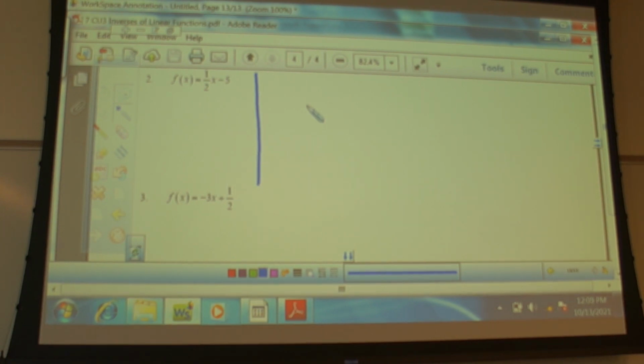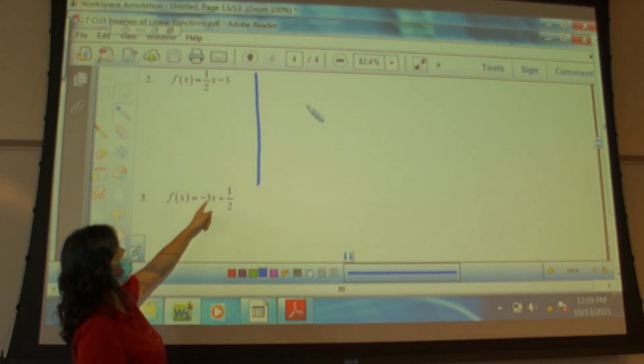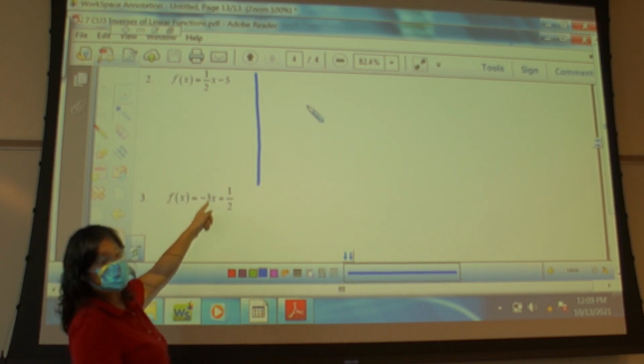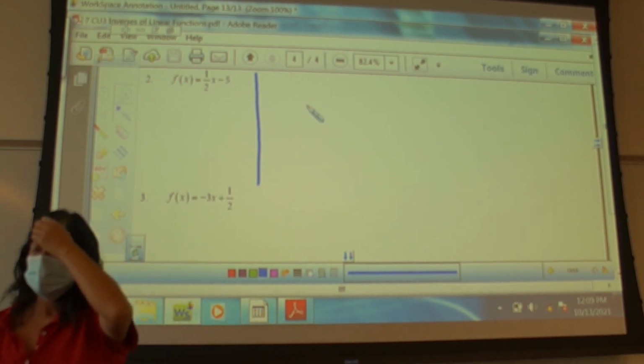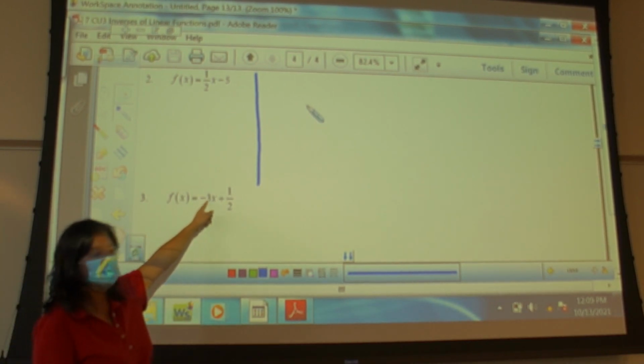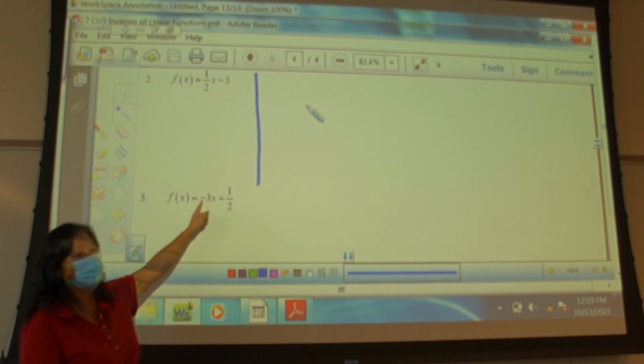One comment I would say is, if you're multiplying by -3, then you need to either divide by -3 or multiply by -1/3, either way. When you multiply or divide, a negative times a negative makes a positive. So if you're multiplying by -3, you need to divide by -3.